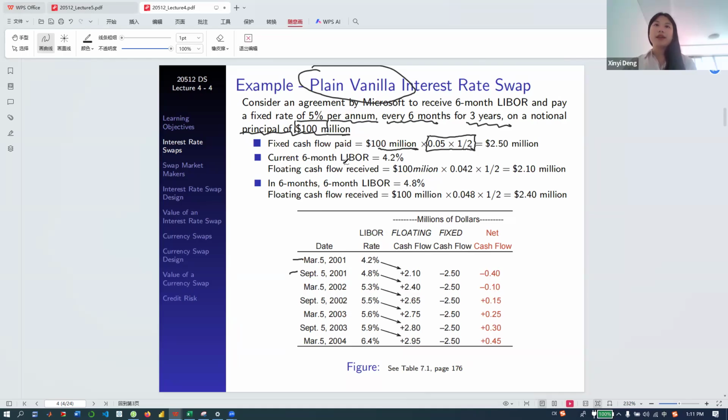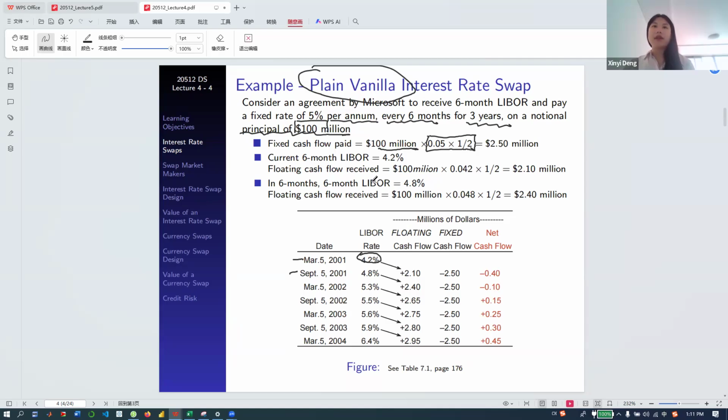So here, you know that the current 6 months LIBOR is 4.2%. That's determined on 5th March of 2001. But you utilize that rate at March to determine your cash flow in September. So that's why you have this arrow here.